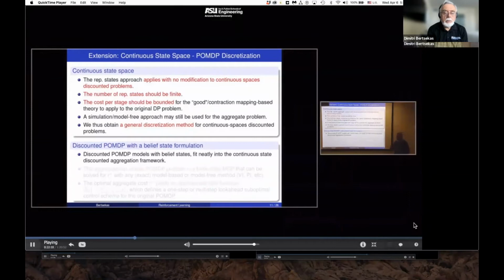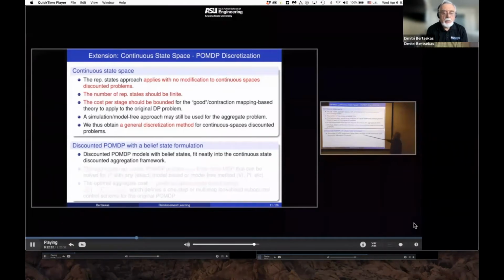And one way to address them is to consider the problem in the belief space of probability distributions of the state given the information. So in belief state land, you have a dynamic programming problem that has a continuous state space, because the space of probability distributions is continuous.